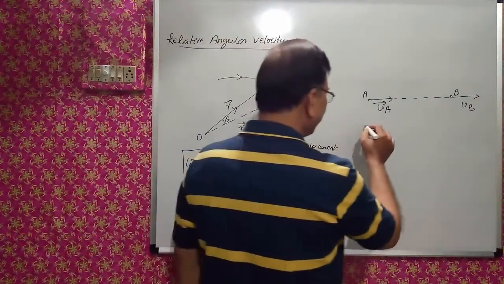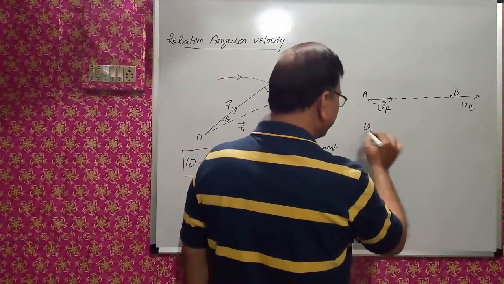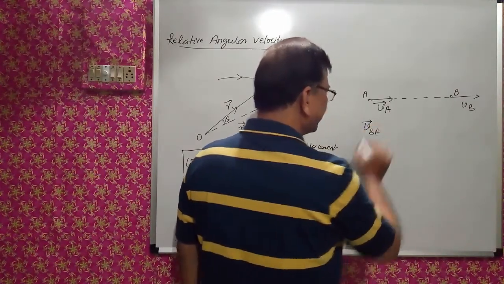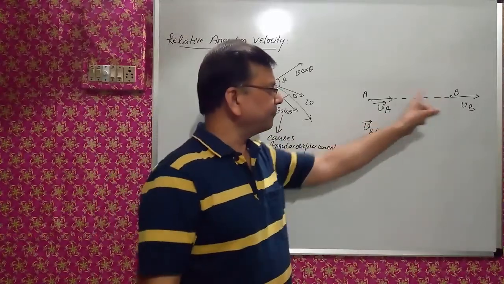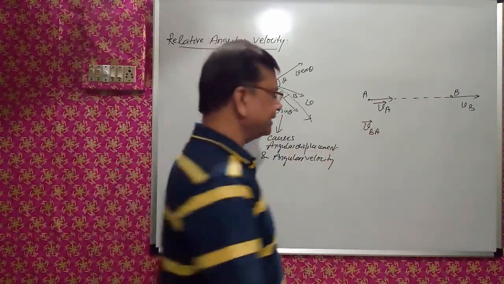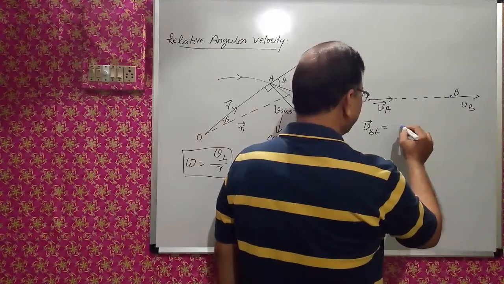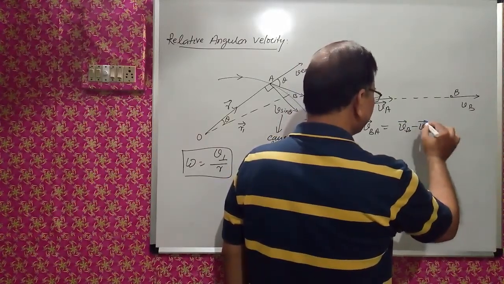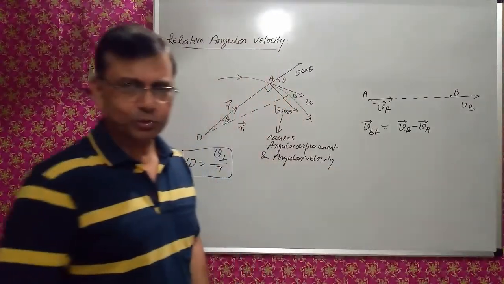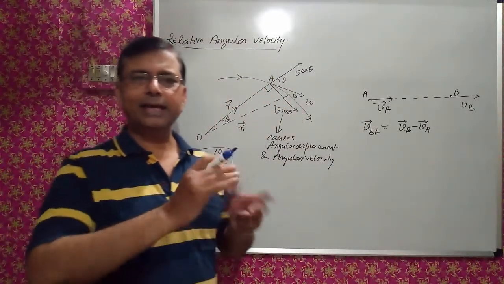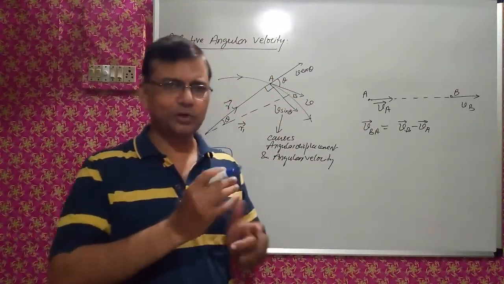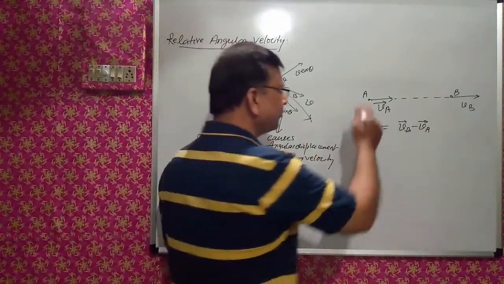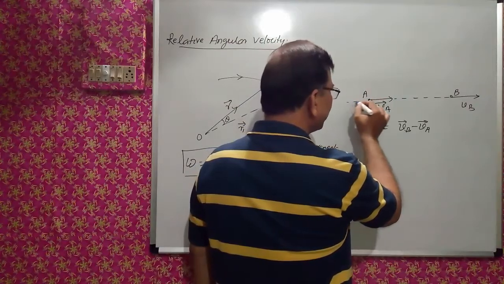So if I say velocity of B with respect to A, then we write VB minus VA for the linear motion, because in linear motion, the direction is decided by plus or minus. So this was the condition, VB minus VA. First we bring it to zero velocity.